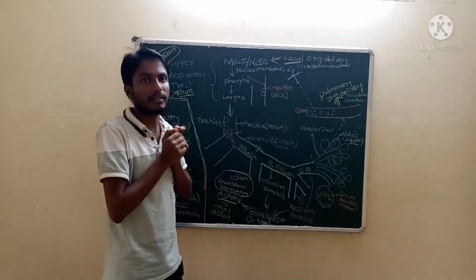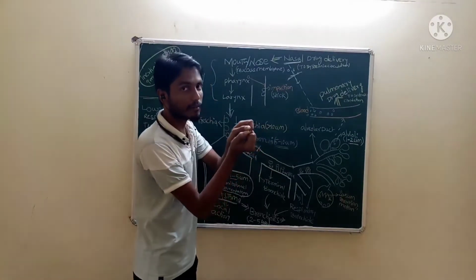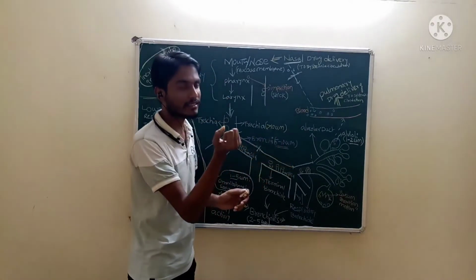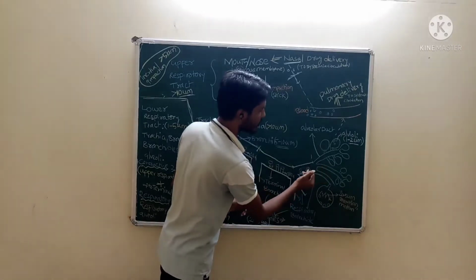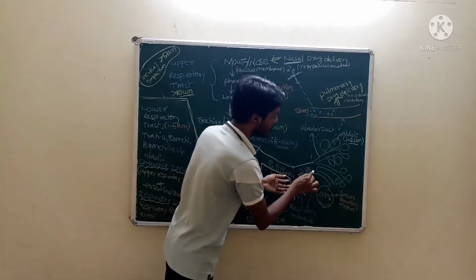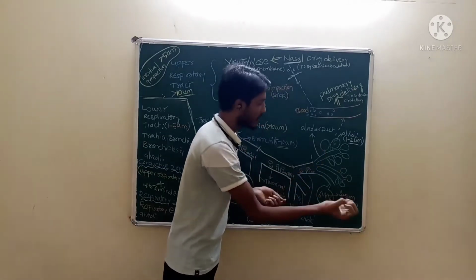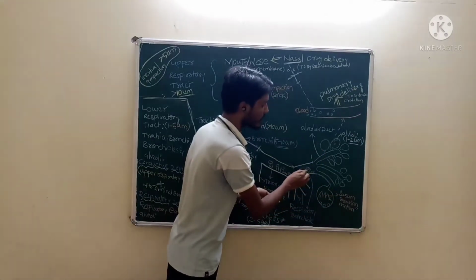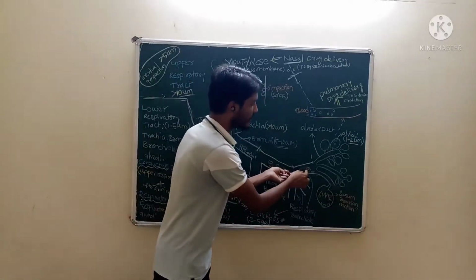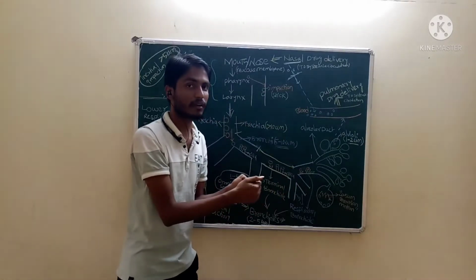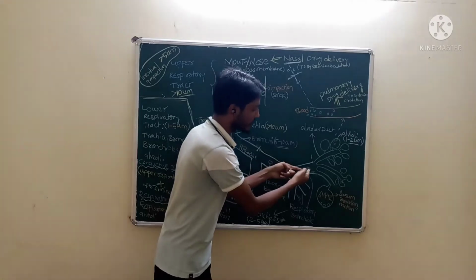Then what will the cilia do? Cilia means hair-like projections. What they will do is move the particles from this region up to the mouth. The cilia, from the upper respiratory tract to the respiratory bronchiole, wherever the cilia are present, the mucous layer traps the particle. See, this is the particle. The mucous membrane traps the particles and sends them to the cilia.